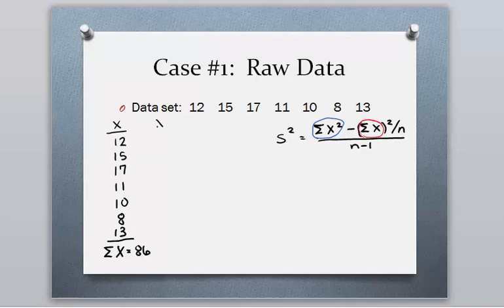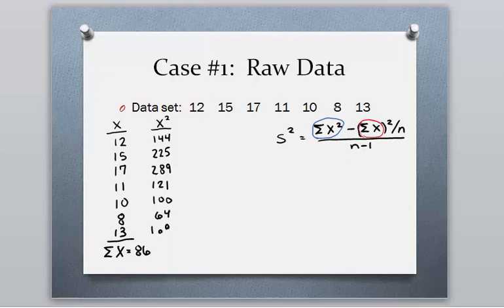So over here, I'm going to make a column for x squared, and I'm going to square each of these values in the first column. 12 squared is 144. 15 squared is 225. 17 squared is 289. 11 squared is 121. 10 squared is 100. 8 squared is 64.